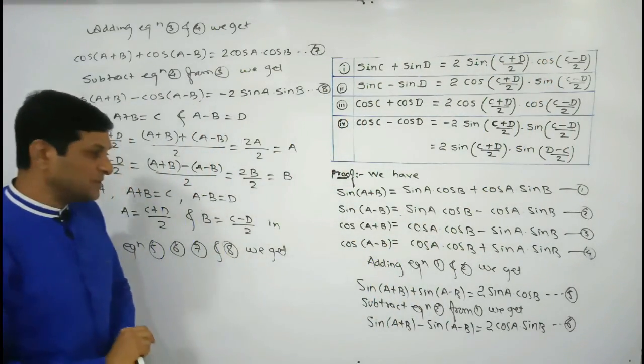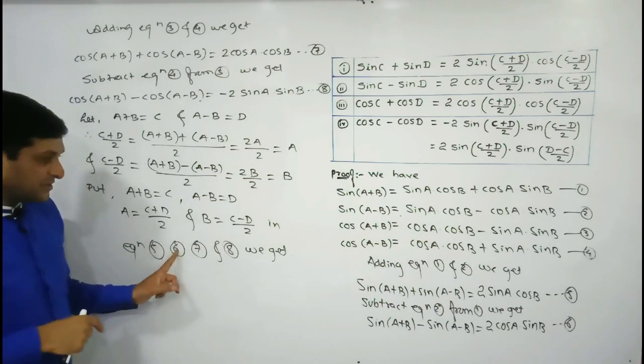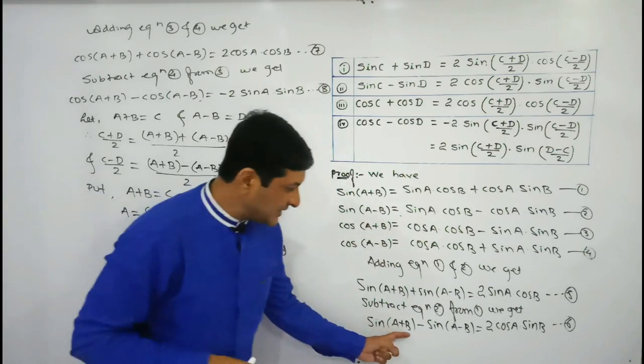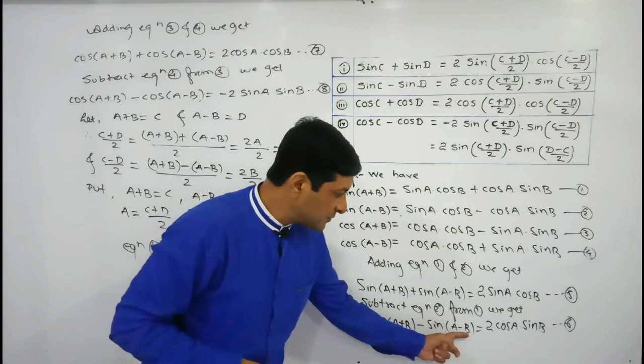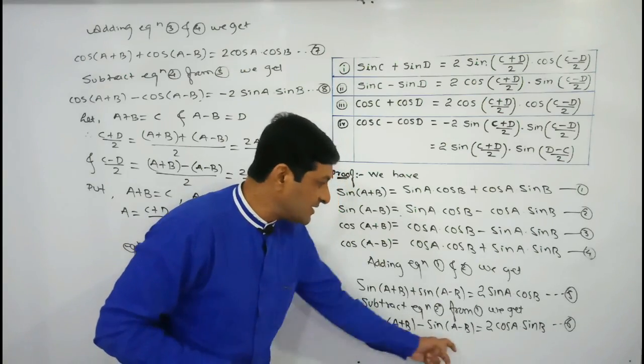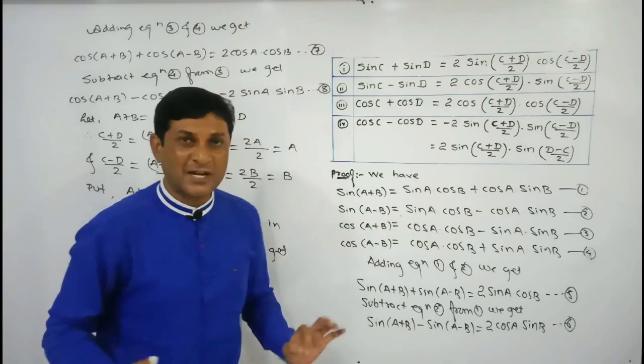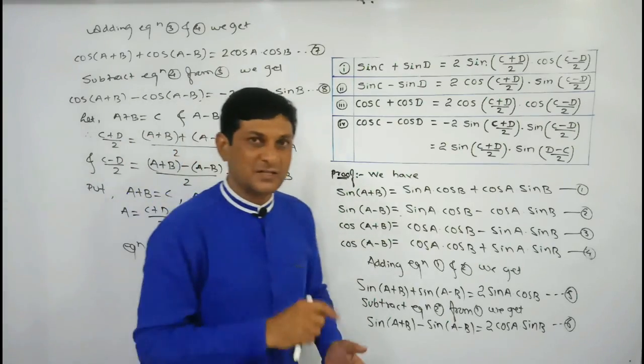Now if we are substituting these values in equation number 6, here A plus B will get replaced by C and A minus B will get replaced by D. So on this side we will get sin C minus sin D. Let us check whether we are getting our required result on the right hand side or not.